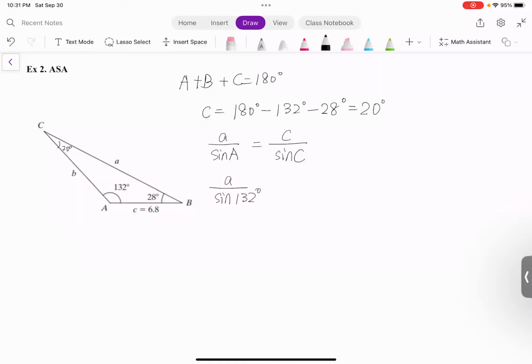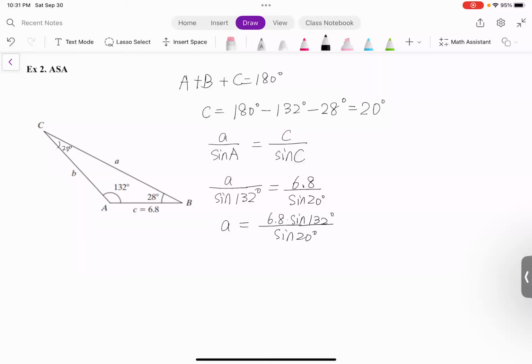So A over sine 132 degrees equals c over sine C. C is 6.8. Sine C is sine 20 degrees. And multiply by sine 132 degrees on both sides. The A is isolated. I'm having 6.8 times sine 132 degrees, all divided by sine 20.